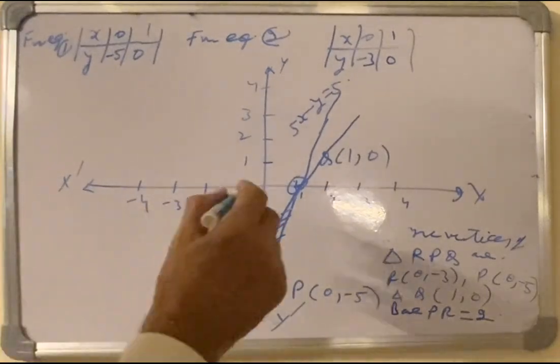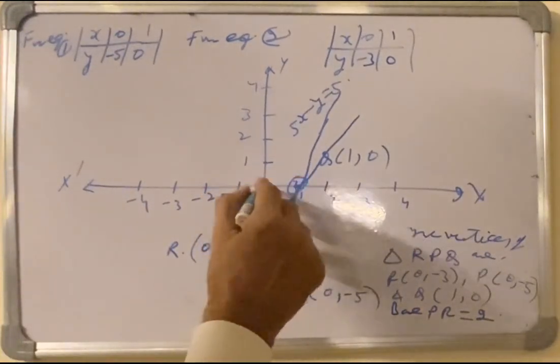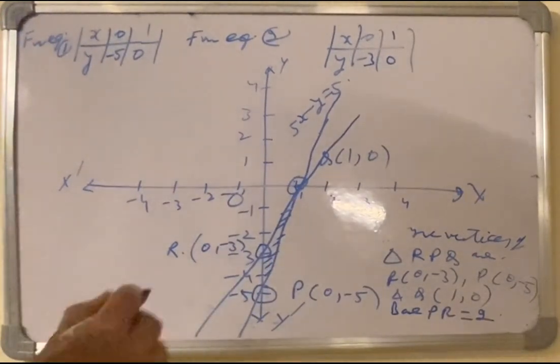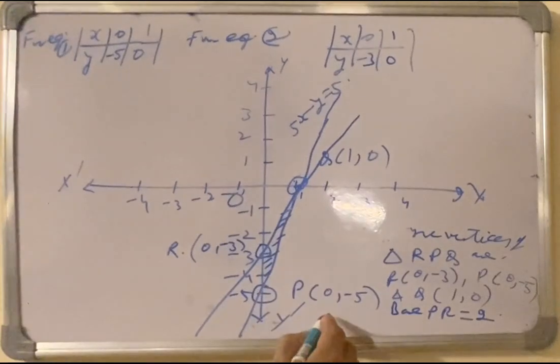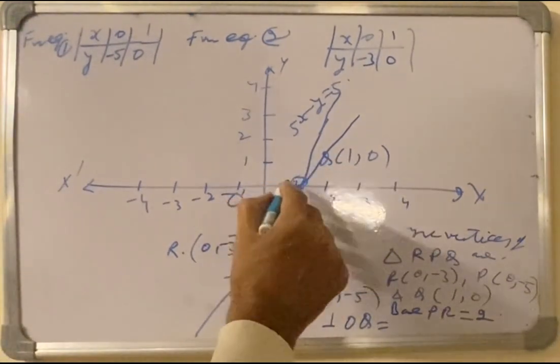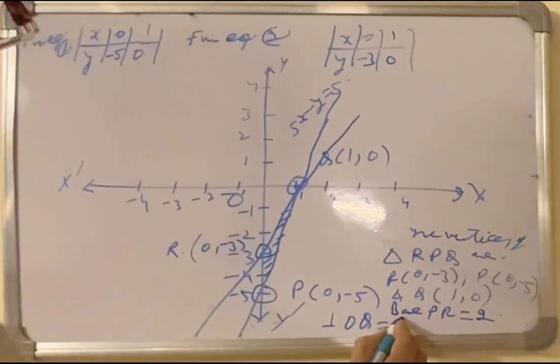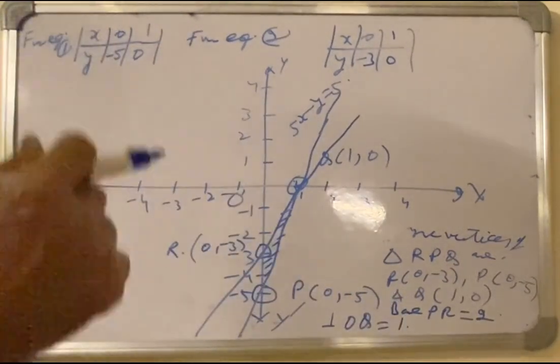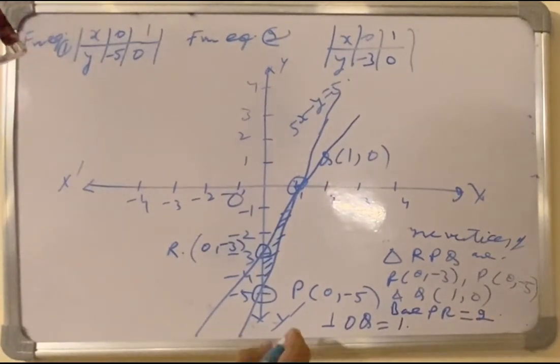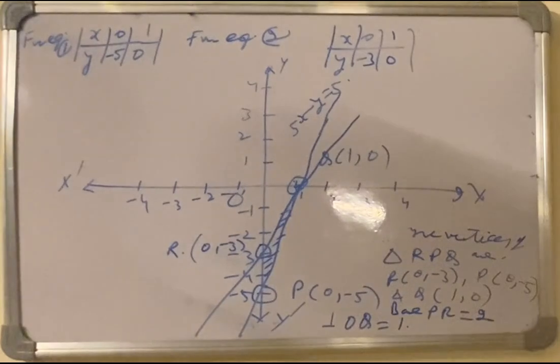And OQ is perpendicular to base PR. Perpendicular OQ is 1. Why? Because it is (1, 0). This is 1 unit. So with the base PR 2 and perpendicular OQ 1, we can find the area of triangle.